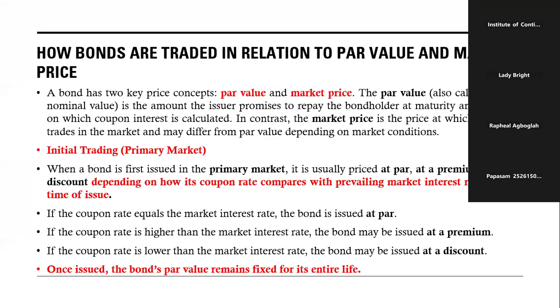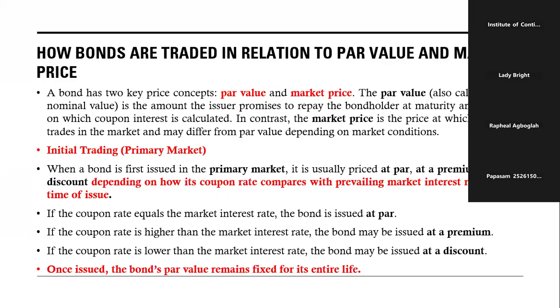In the secondary markets, you have what we call the market price, which is acted upon by demand and supply. The initial trading is done in the primary market, where your par value is fixed, your coupon rate is fixed, and the time to maturity is also fixed on a contract or document owned by the investor.